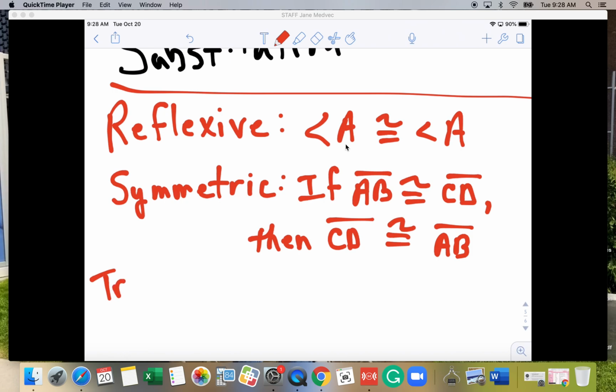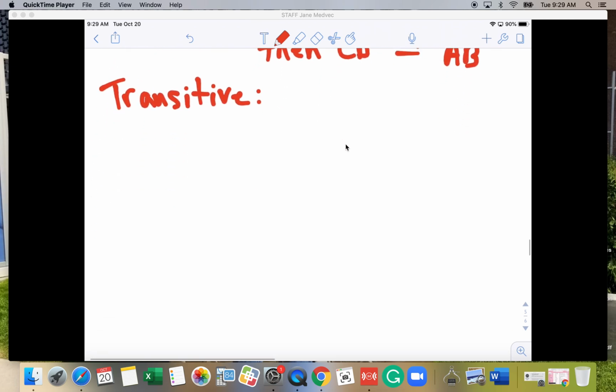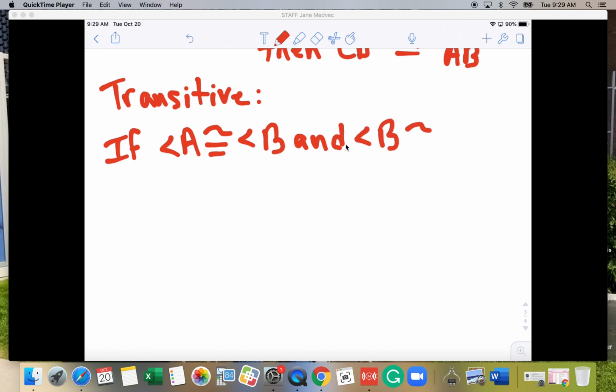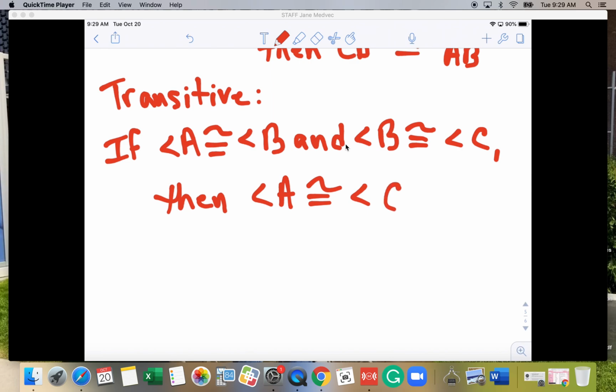And then transitive. Transitive is really like the law of syllogism. The only difference is it's symbols, not words. That's kind of how I see it. So transitive, it says if, and this is just an example, angle A is congruent to angle B, and angle B is congruent to angle C, then angle A is congruent to angle C. So again, if you remember, we talked about the Oreo cookie.